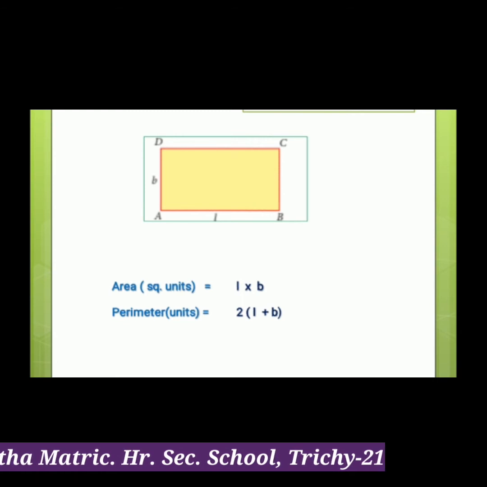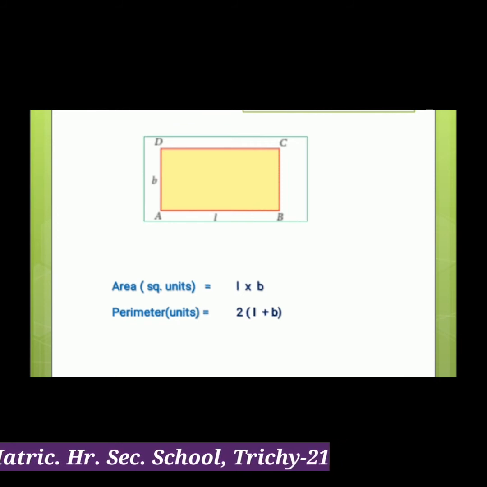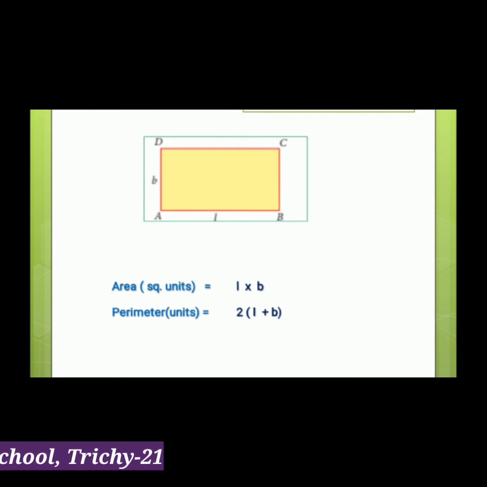A rectangle has four right angles. The opposite sides of a rectangle are parallel. Here AB is parallel to CD, BC is parallel to AD. Then area of the rectangle is equal to length multiplied by breadth square units. Then perimeter of the rectangle is equal to 2 multiplied by sum of the length and breadth units.